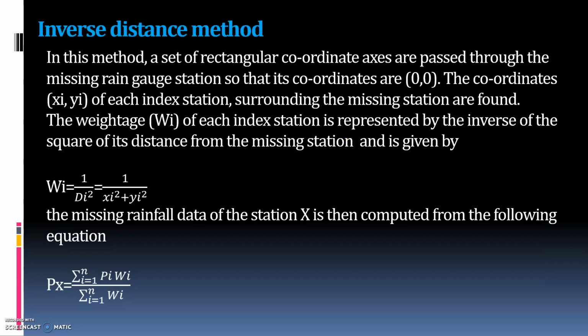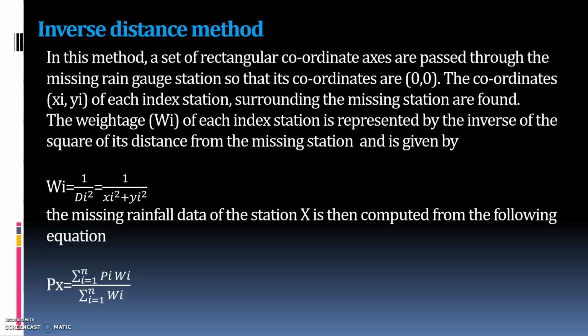Third one is the inverse distance method. In this method, a set of rectangular coordinate axes are passed through the missing rain gauge station so that its coordinates are 0, 0. The coordinates xi, yi of each index station surrounding the missing station are found.